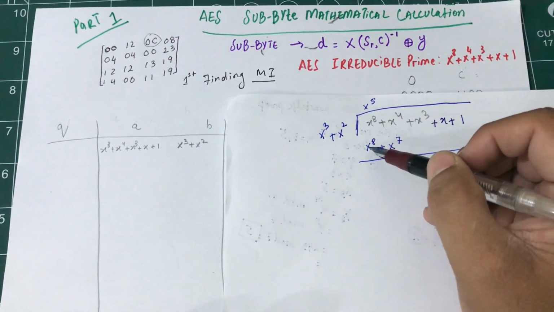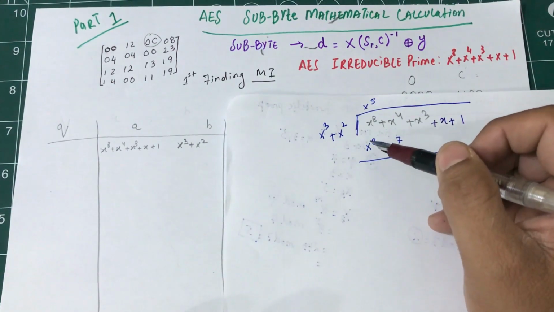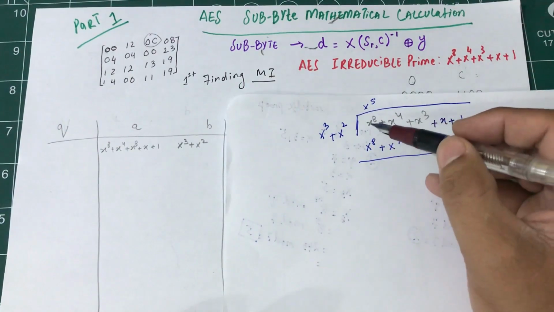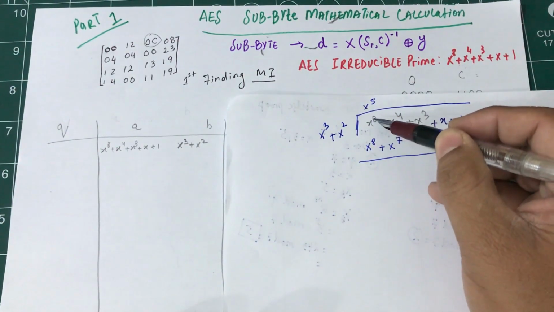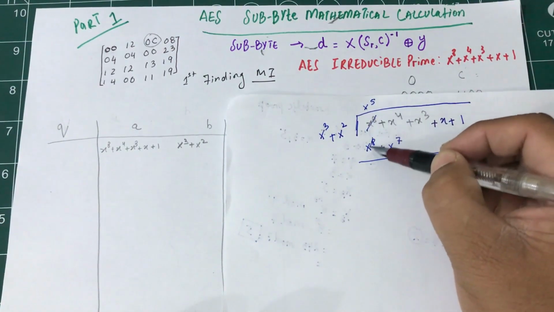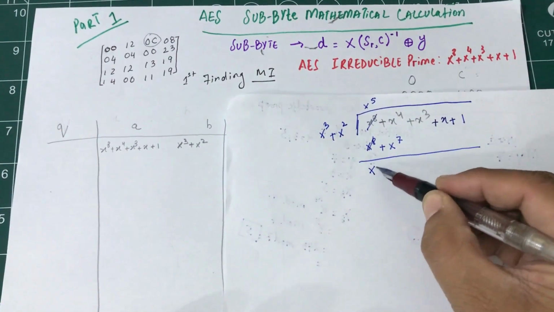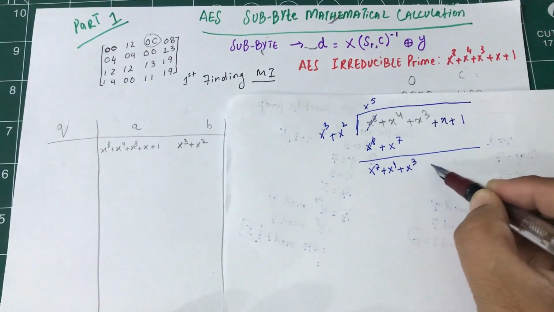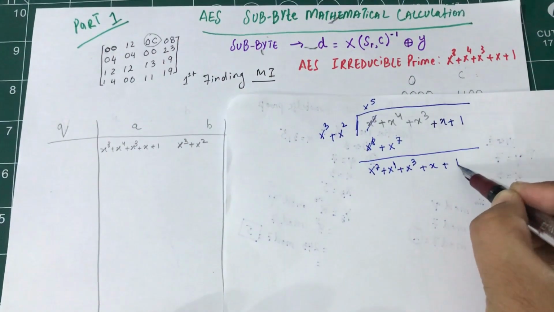In modulo 2 arithmetic, addition and subtraction are the same. So basically when both of these are the same, we're just going to simply cross it out. We're going to bring this out. x to the 3 plus x plus 1.